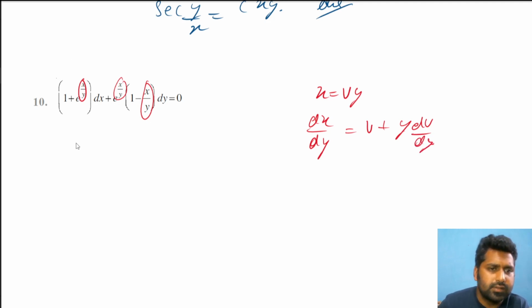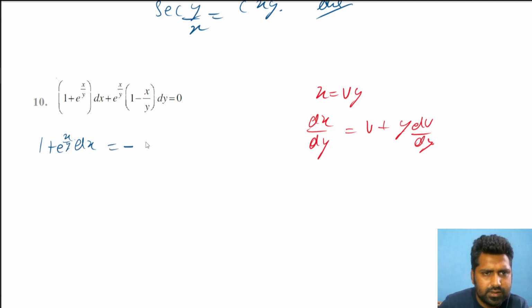Let's solve this. Let's generate dx by dy first of all. So dx, 1 plus e raised to power x by y is equal to minus e raised to power x by y, 1 minus x by y dy.